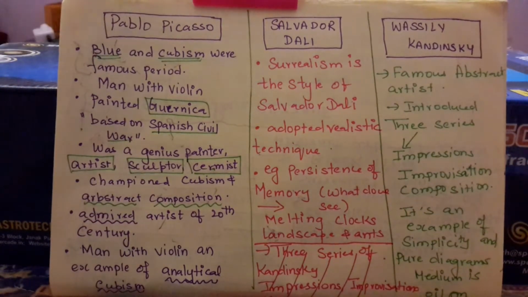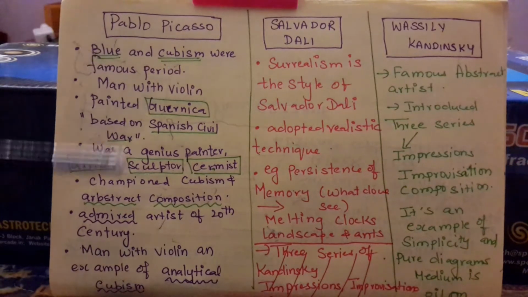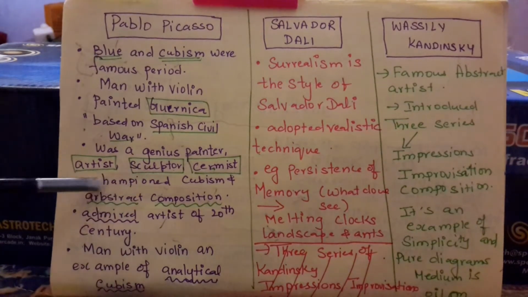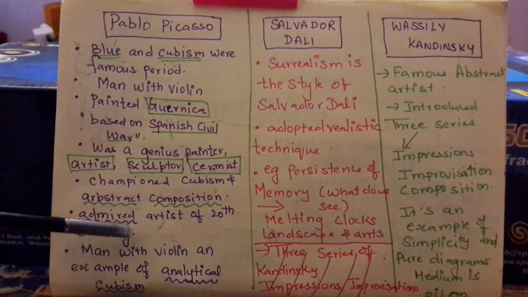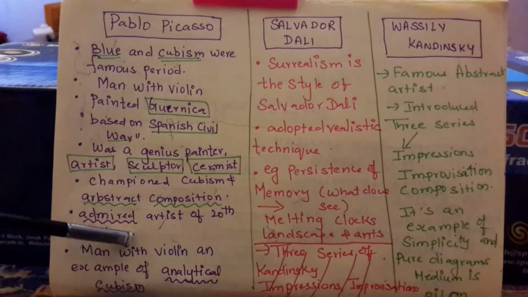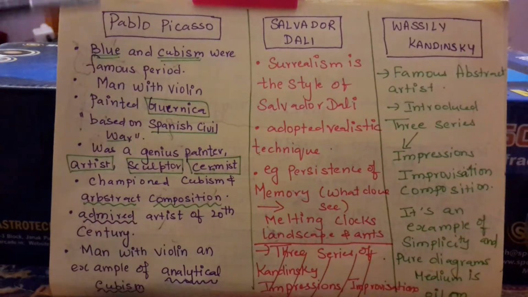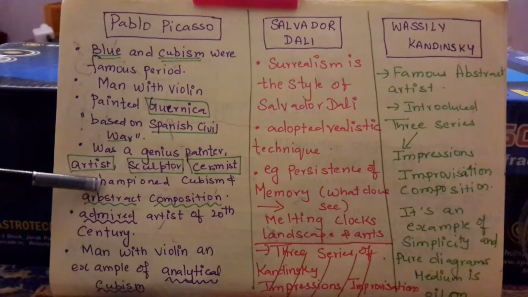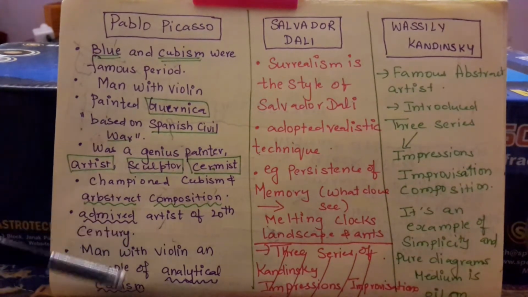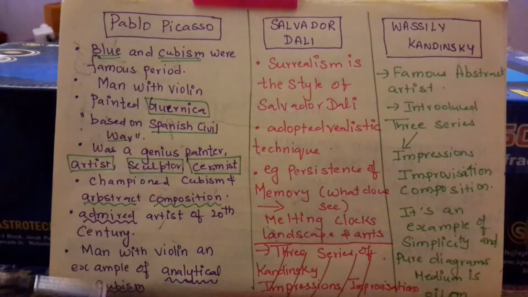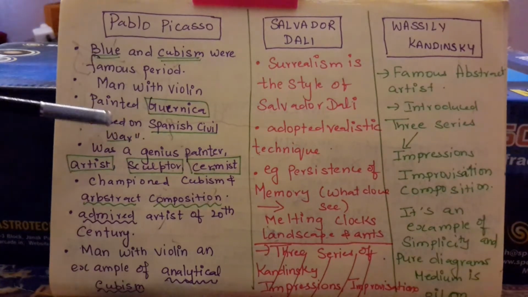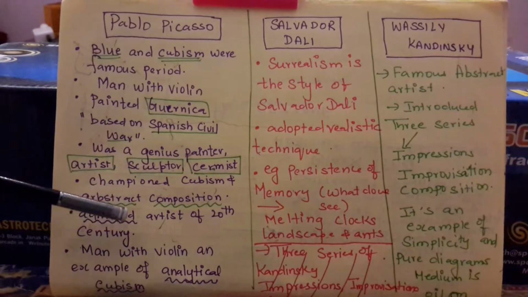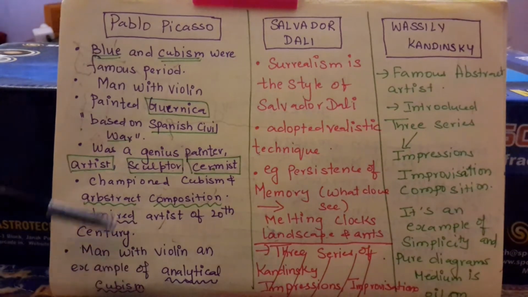So apart from the Cubism concept that he used, he was also greatly inspired by abstract composition, and he was one of the most admired artists. Now these are some keywords that you can keep repeating. Pioneered, championed, admired, inspired: these are common terms that we have been using in the following videos, and they will help you understand that these are art-related terms that will be required for you to frame your answers.